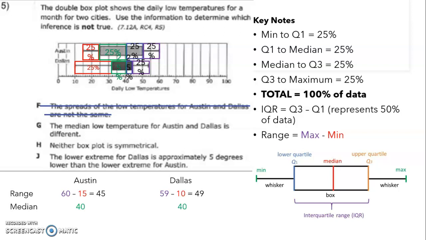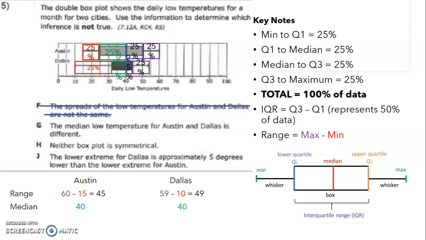That would be a symmetrical graph, because the left side is the same as the right side. So you have essentially what's called a bell-shaped curve. In this one, it's false because pretty much Austin is symmetrical. So neither box is symmetrical is false because one of them is somewhat symmetrical.